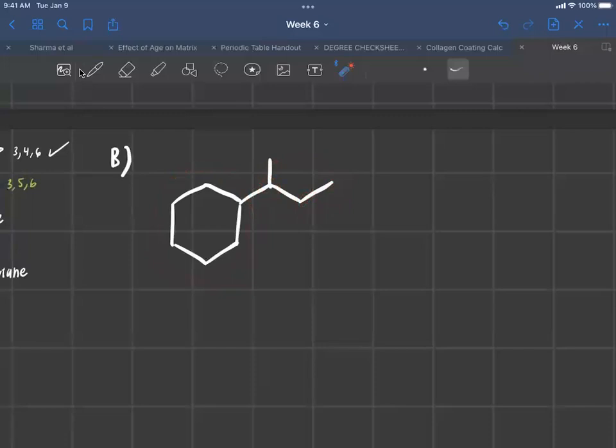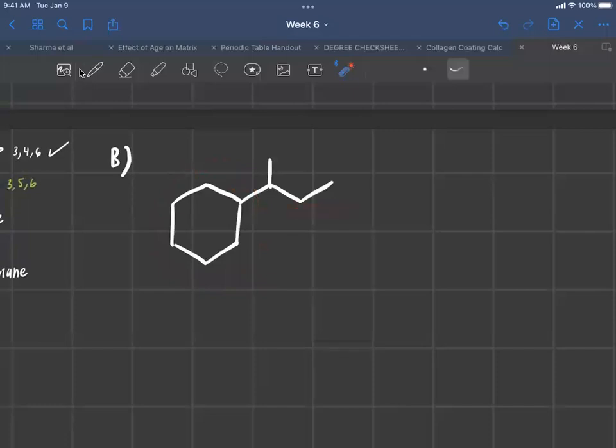I believe in your textbook it says that if we have this chain having 6 carbons as well, then we choose the cyclic alkane to be our parent chain and the linear alkane to be just your substituent. But here in this example, we have a clear indicator that this ring will be our parent chain because it has more carbons than this one does.